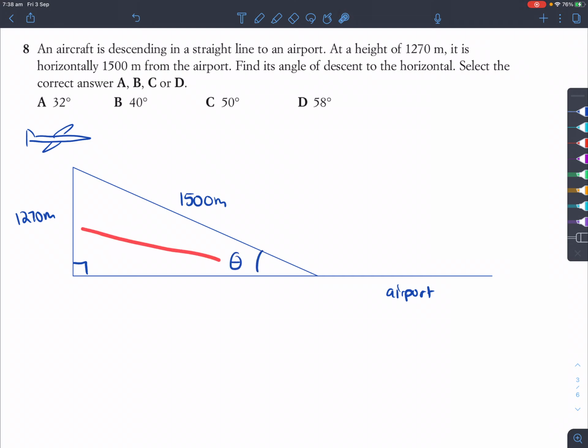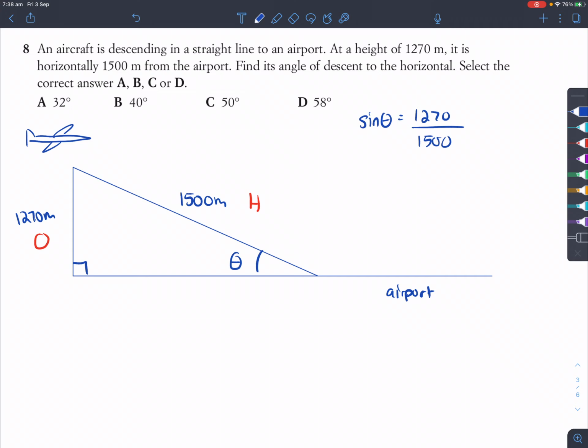So opposite theta here is our opposite edge, and the hypotenuse here is h. Now sine of theta would be equal to 1,270 over 1,500.